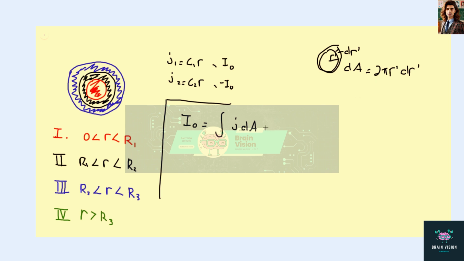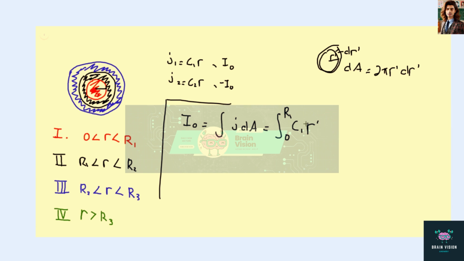We substitute that in for our integral. We're integrating over all of region 1, so from 0 out to R1, the middle right here, all the way out there. We can substitute in for J, which is the constant C1 times r, and I'm again going to write this as r prime, since we're referring to the variable of wherever we are within our integral.